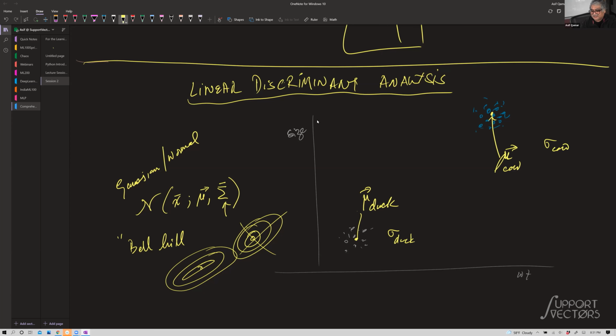There is a spread to this, right? So at this moment, just for simplicity, I assume that these are nice round bell hills. We will go to the ellipse a little later. It complicates things a little bit, but the reasoning remains the same. In other words, are the widths the same? Do you make the hypothesis that they both share the same width? The same sigma.